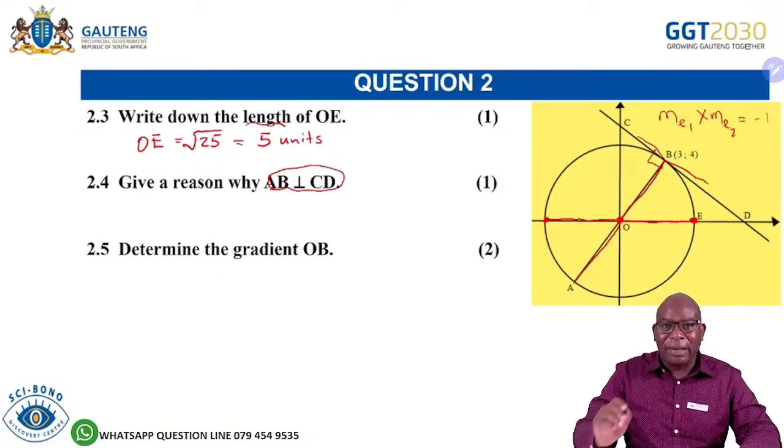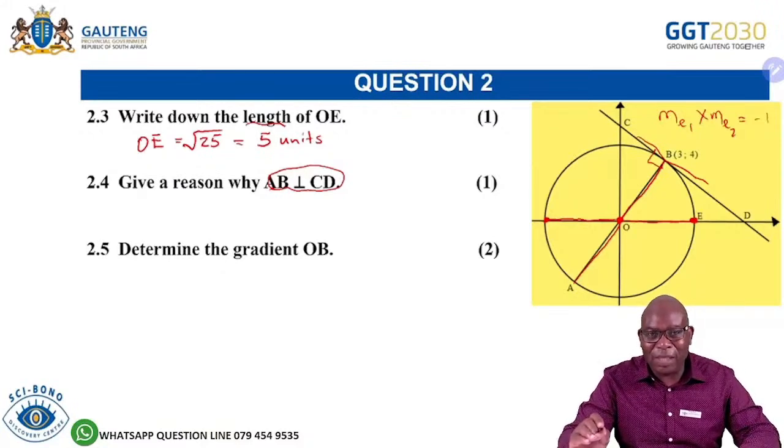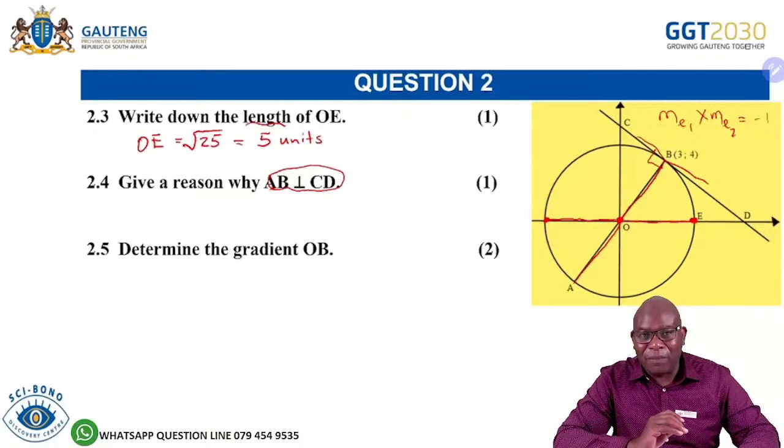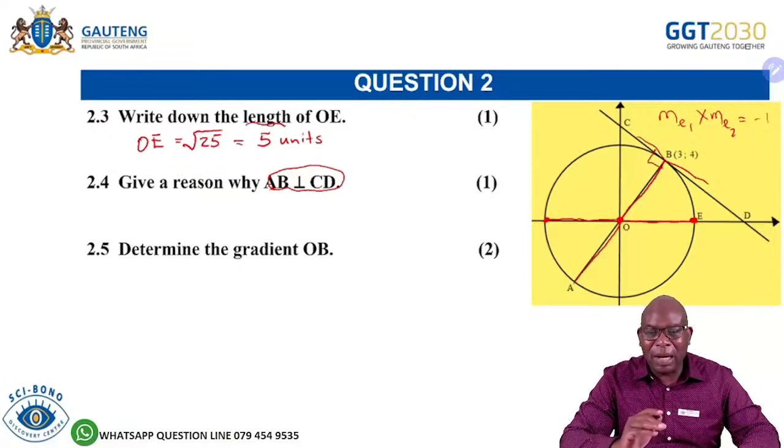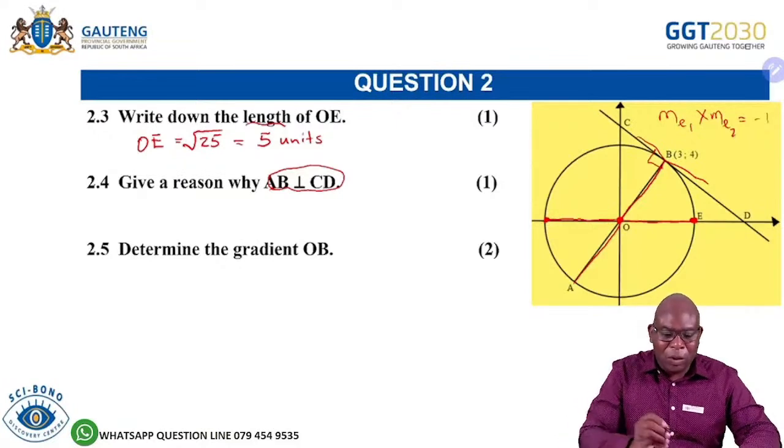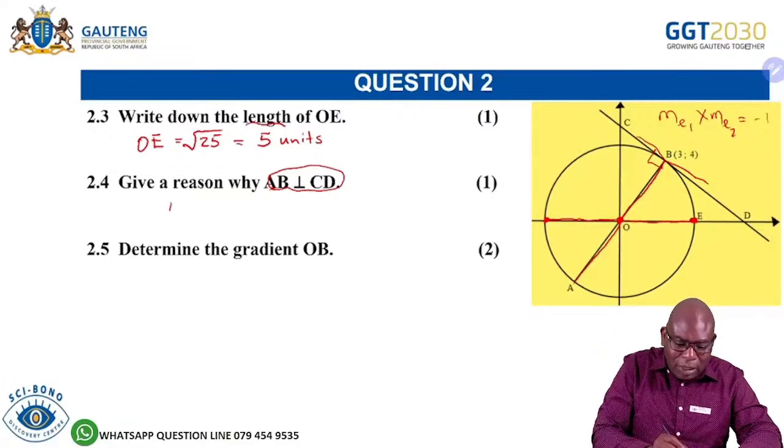Remember the theorem that says a diameter and the tangent: the diameter is perpendicular to the tangent. So it is the theorem and we need a reason. It is going to be tangent perpendicular to diameter. Must know this.